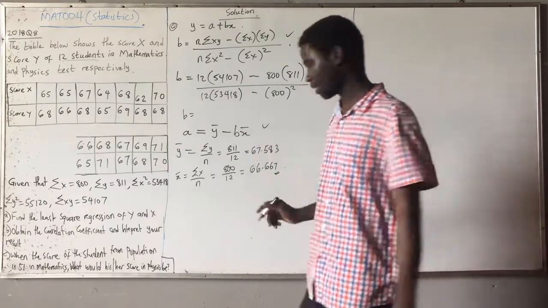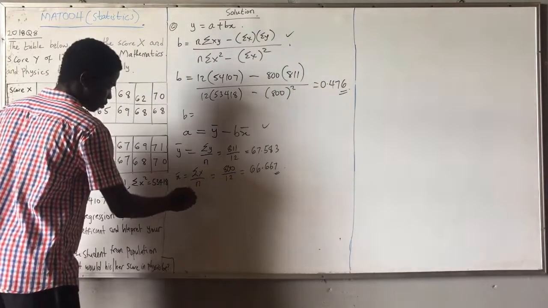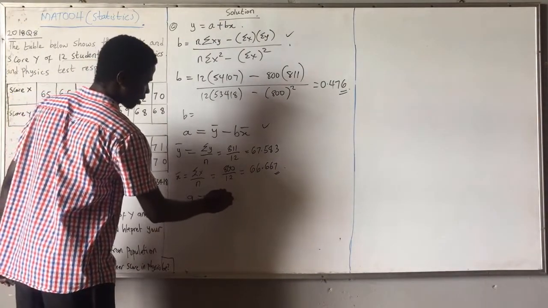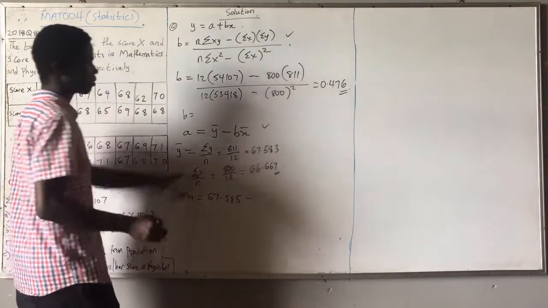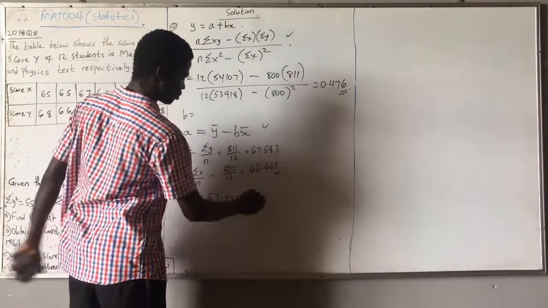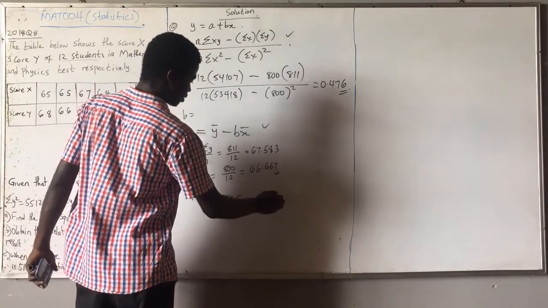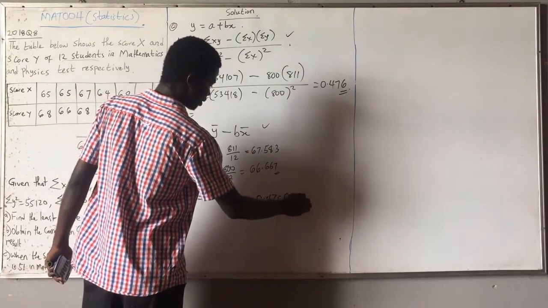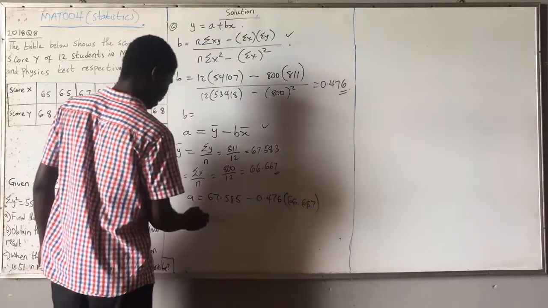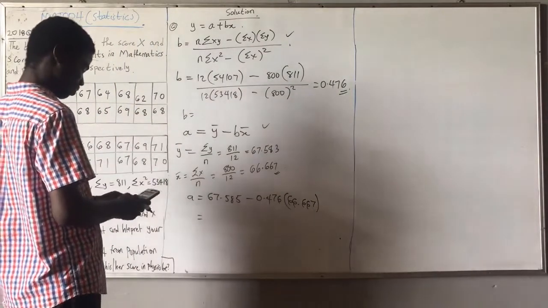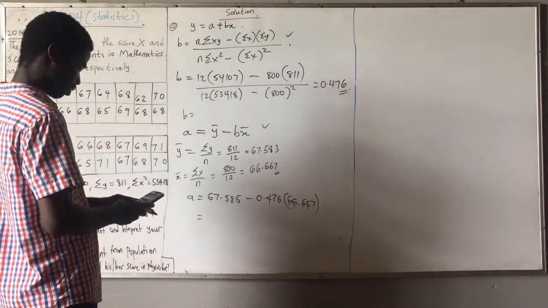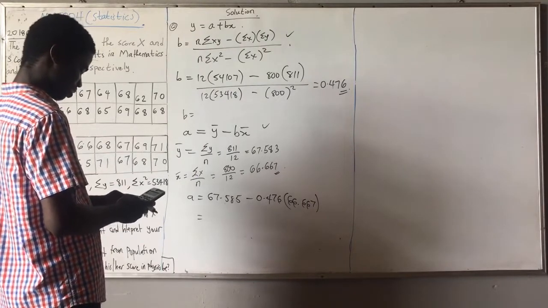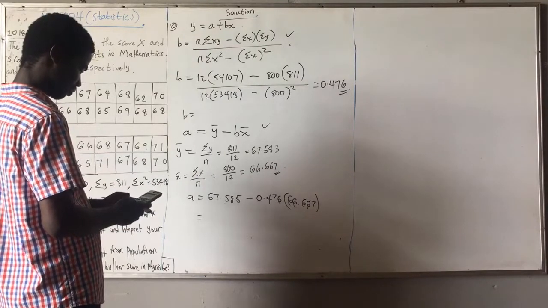So now A will be equal to y bar, that is 67.585, minus B. This is the B we got, 0.476, multiplied by x bar. x bar is 66.667. So at the end of the day, the final answer will be 67.585 minus 0.476 times 66.667.